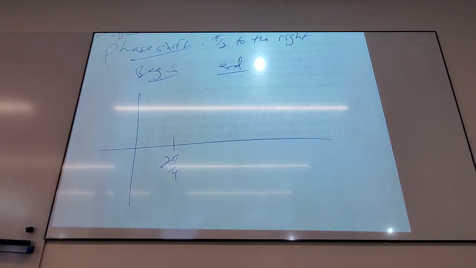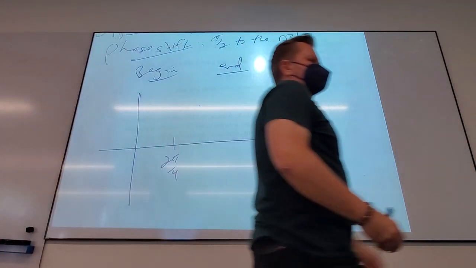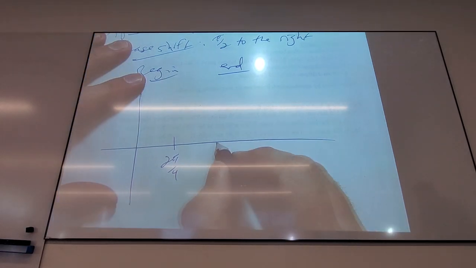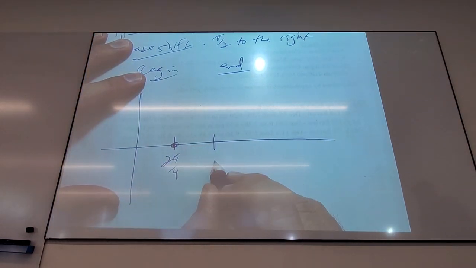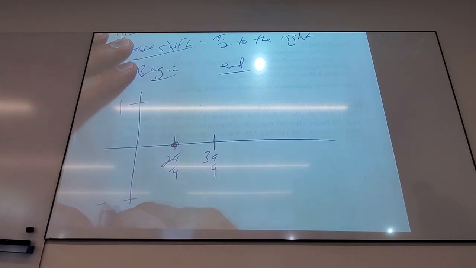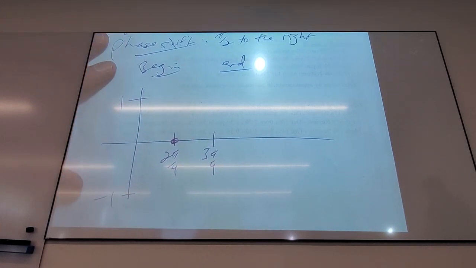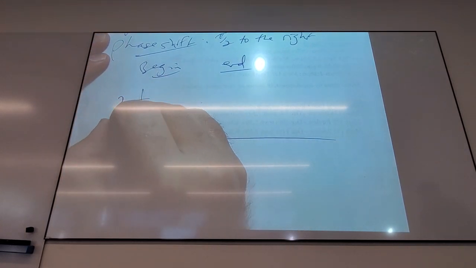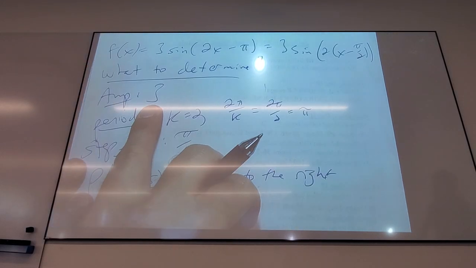Cosine starts at 1. Then what does sine do at the next step? And what is the next step? 3 pi over 4. What's it do here? Amplitude's 3.